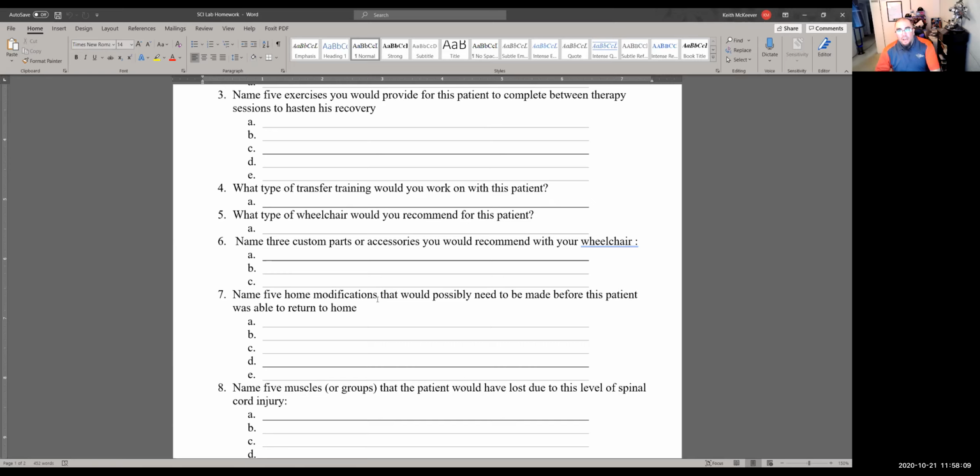Okay, so what kind of home modifications might we need to make? Ramps, good. We got to get him in first. Good. We got to have a ramp to get in the house. What else?